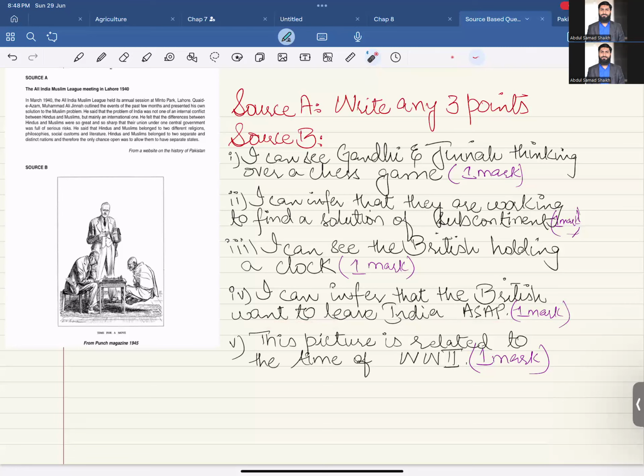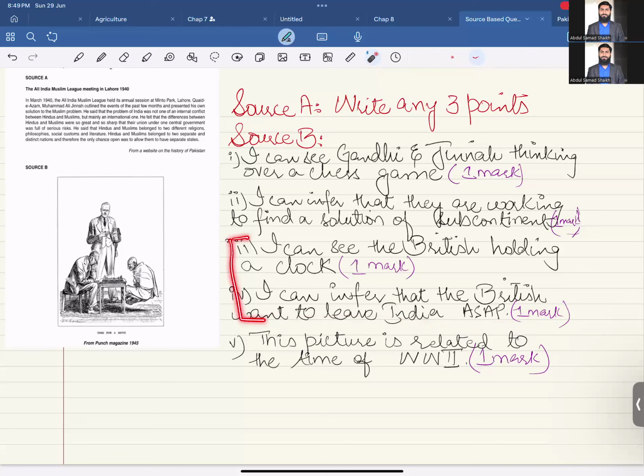If you remember, since it is written that it is a picture of 1945, in 1945, during the Simla conference, Lord Wavell had presented his idea that the British were now going to leave India and wanted to hand over power to the Indians through an interim government. So this is what we have inferred here, that the British is looking at the clock, which means that they want to leave India.